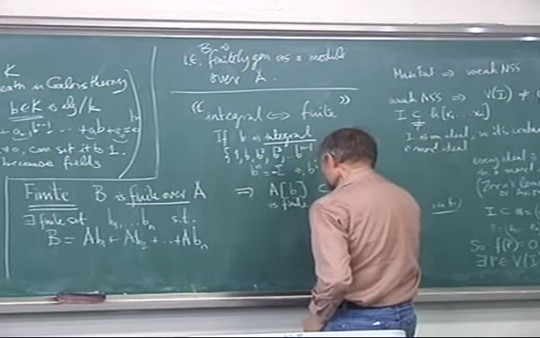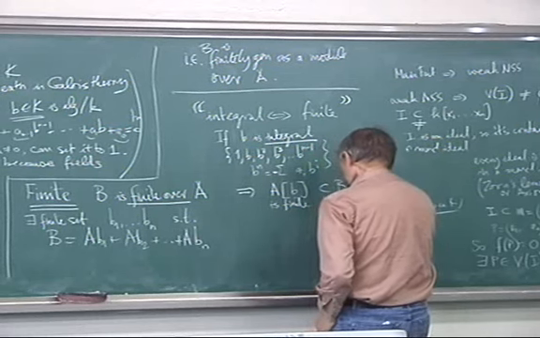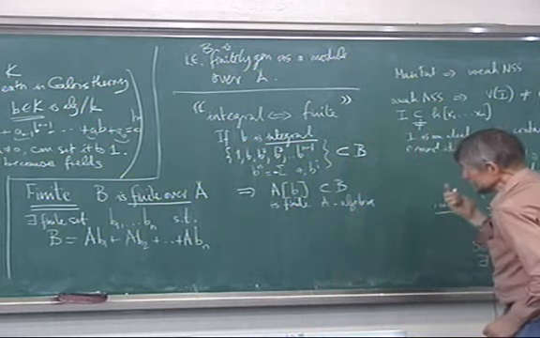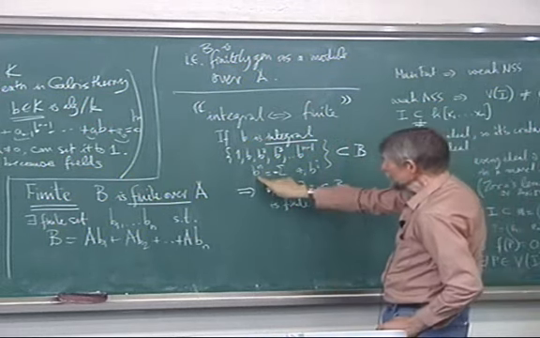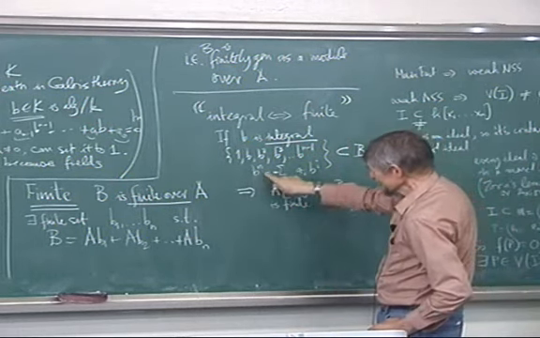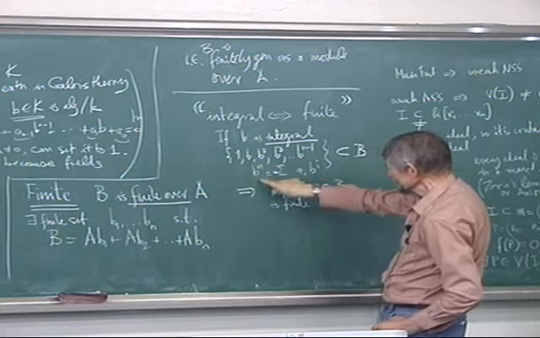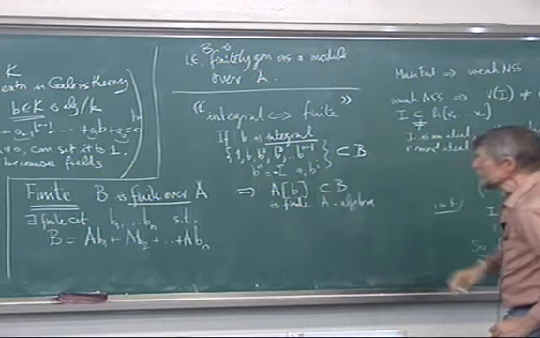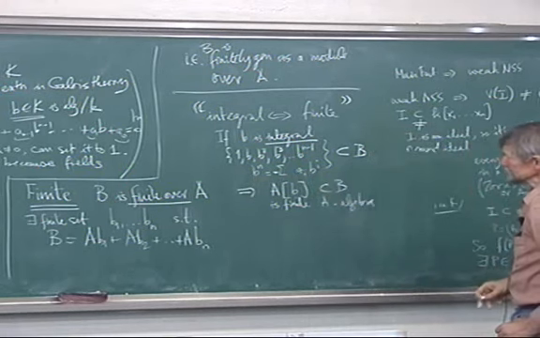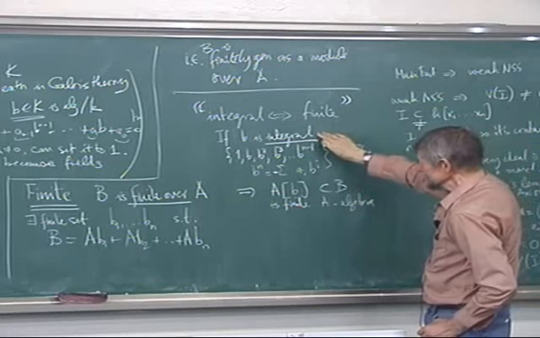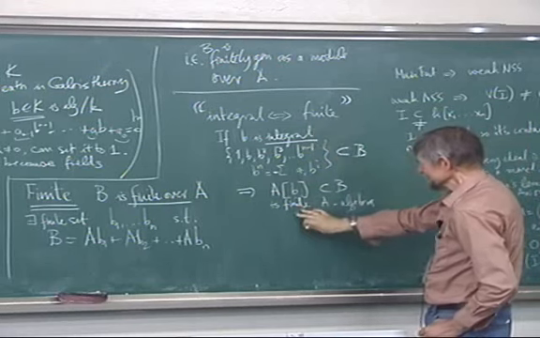It's a finite A-algebra. So I'm just using in a completely stupid way the relation here. I'm using it to say whenever I see beta a higher power, I can replace it by a linear combination of beta smaller powers. So that says something like integral and finitely generated implies finite.